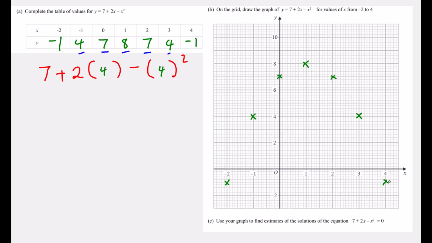And we need to join them up with a curve.